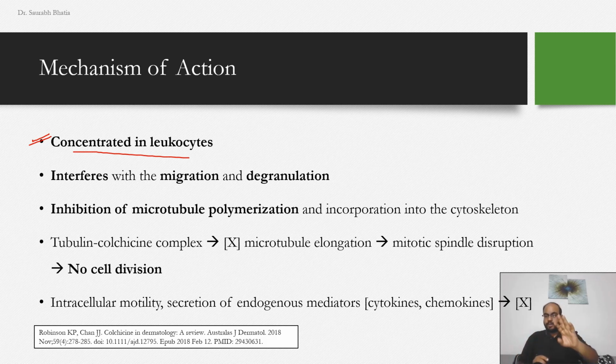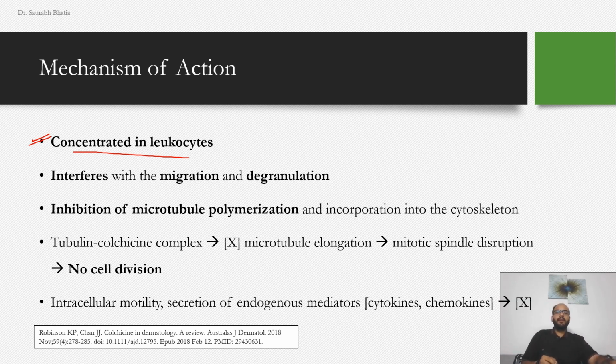I don't have a reference for that, I think I read it in an article. In fact, the accumulation of colchicine is very much inside the leukocyte, and that is the main reason why you see the immunosuppressive or immunomodulatory effects of colchicine, because the majority of the drug resides inside the inflammatory cells.